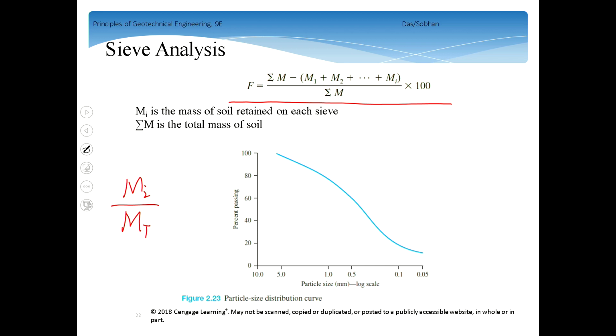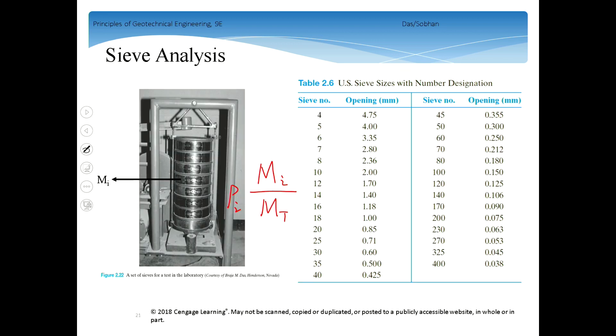So we use this equation to calculate the real percentage for each sieve. That means, for example, for the top sieve, you get, of course, 100%, because all of the soil, the total mass, can pass the first one, right?